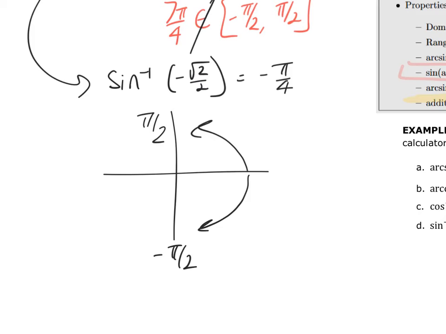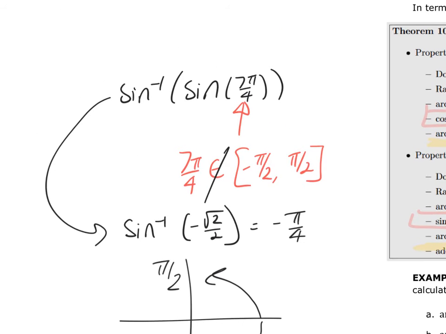You are going negative angles. You don't tell me 7 pi over 4 is the answer, because 7 pi over 4 is not in negative pi halves to pi halves. So that's why it has to be quadrant 1 or 4, but 4 in reverse. I say that because it's terribly important that even though up here the sine of 7 pi over 4 gives me the exact same value as the sine of negative pi over 4, the answer is negative pi over 4.